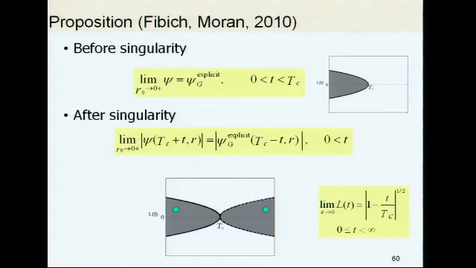So the summary of this is that if you take this continuation of ring solution with this shrinking hole approach, before the singularity you just go to the solution, so it's this. After the singularity you have this reflection with respect to Tc, so the value here is equal to the value here in the limit. But L of t now has this square root dependence before and after the singularity.